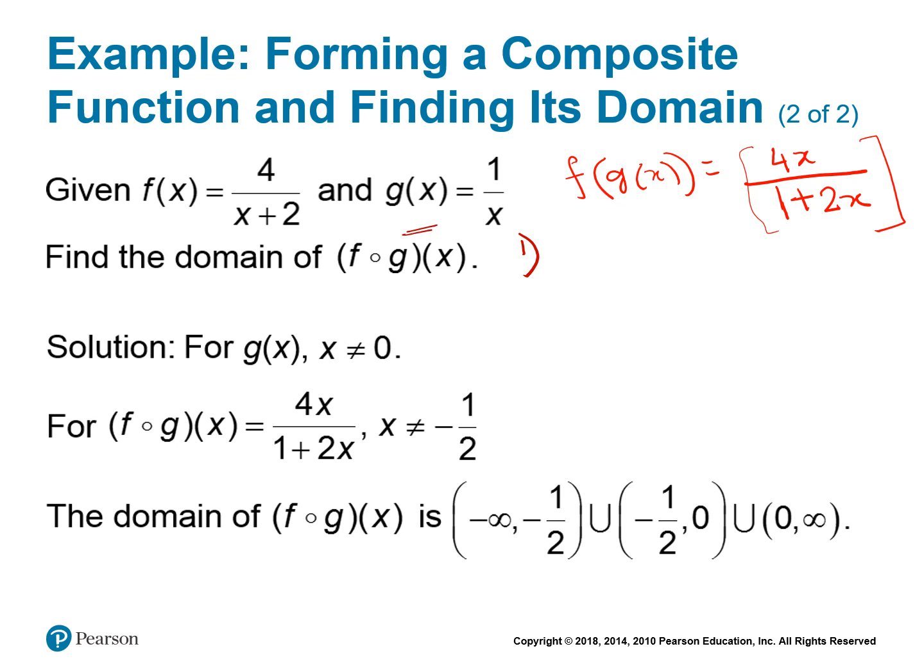So one, x equal to 0. We are just trying to figure out the exclusions, and then we will set up the domain in interval notation incorporating the exclusions. But now let's just figure out the exclusion.